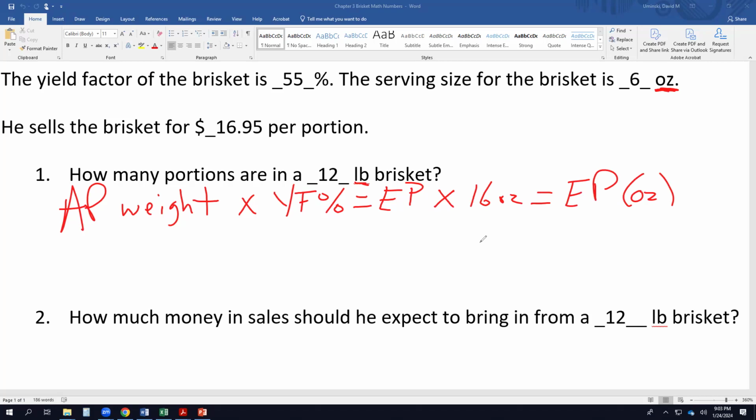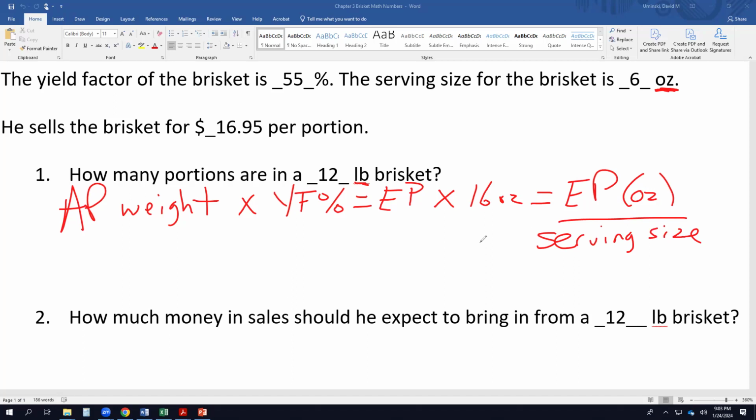See so far? The last thing we're going to do is divide by the serving size. Okay? Divide by the serving size.